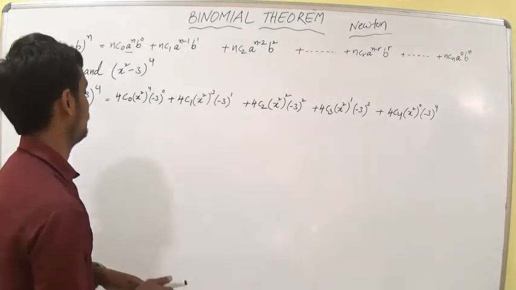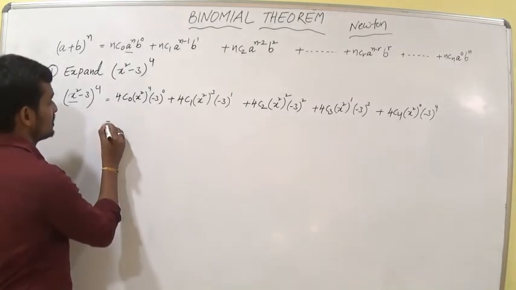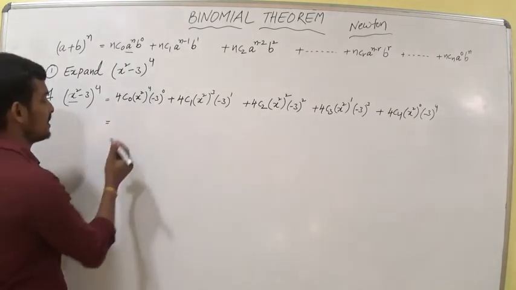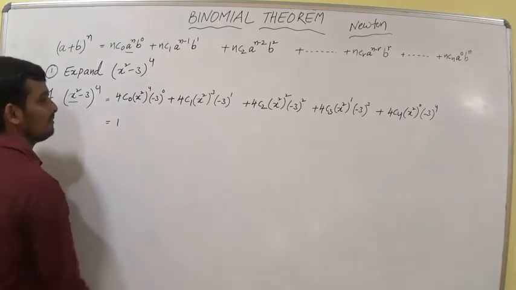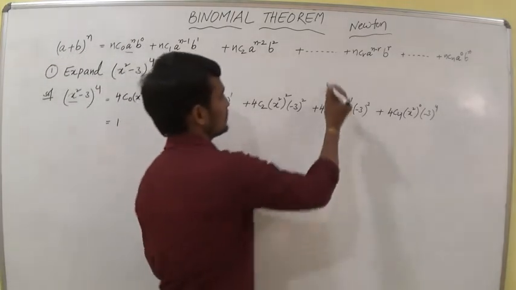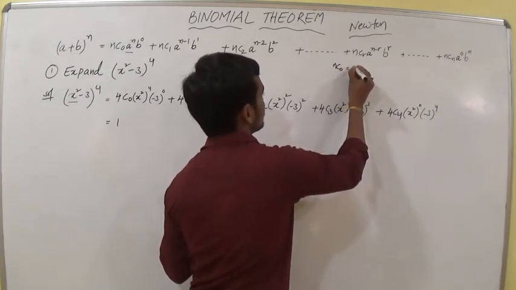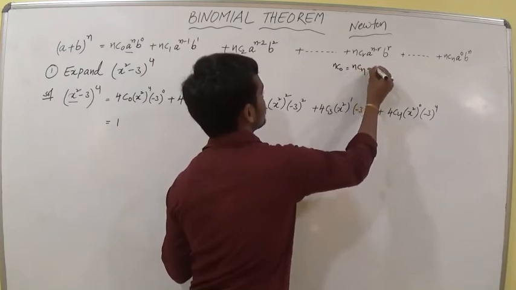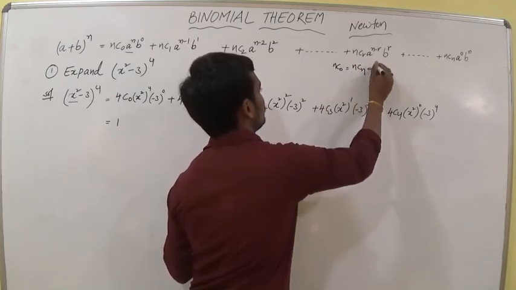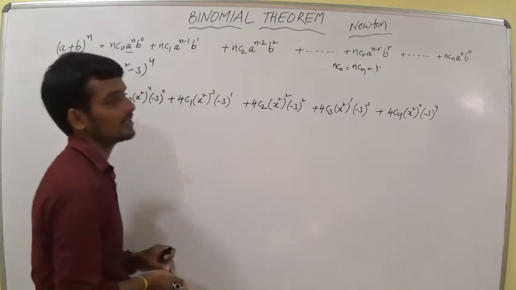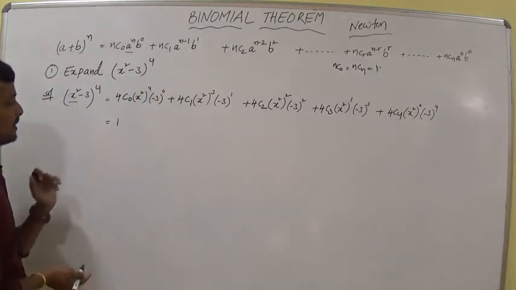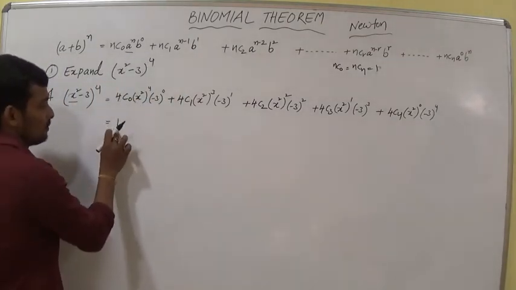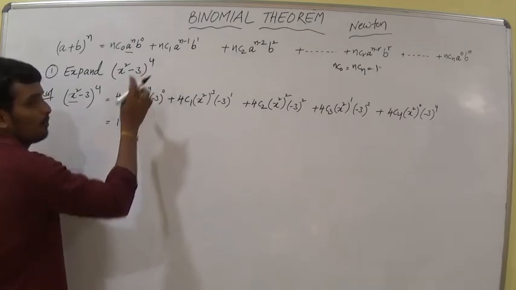So we can simplify. What is the value of 4c0? 4c0 is 1. We know something: nc0 is equal to ncn is equal to 1. So 4c0 is 1. (x square) whole power 4.